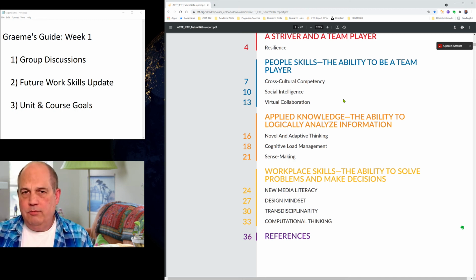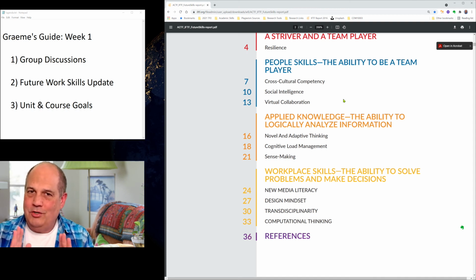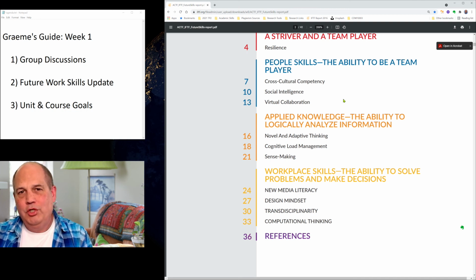So please do not say that your unit goal is to pass the unit and that your course goal is to successfully pass your course, because those, while admirable, are too small. They can't really be discussed in the way that we want you using our learning materials. We want you to use our learning materials to support the discussion of your unit goals and course goals.